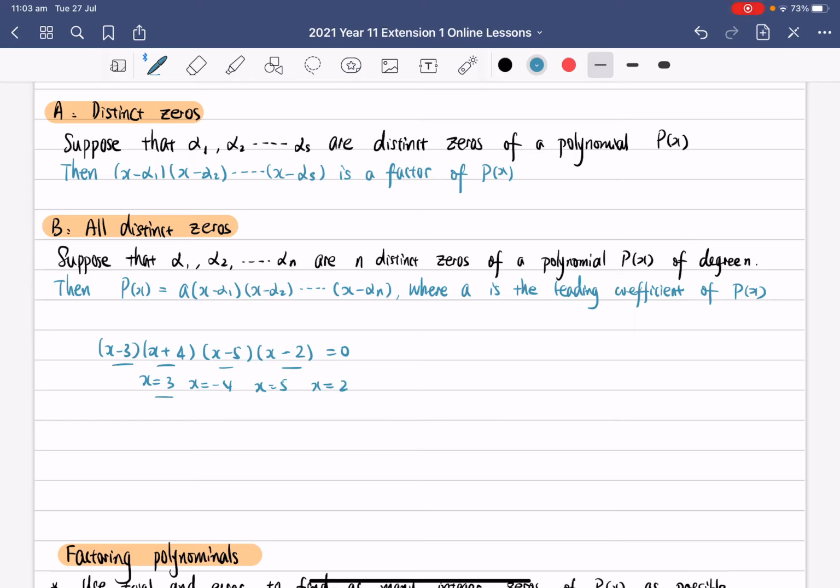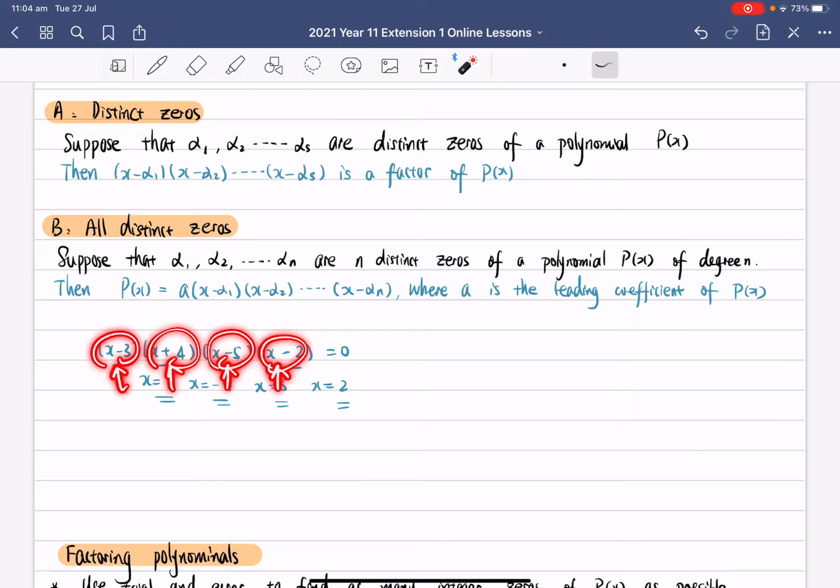So if we're given that each of these solutions are distinct zeros of the polynomial, then we can reverse engineer, and that just means we've got those as the factors of the polynomial expression. So this makes sense with the first property, or the first consequence. That's pretty easy to understand.